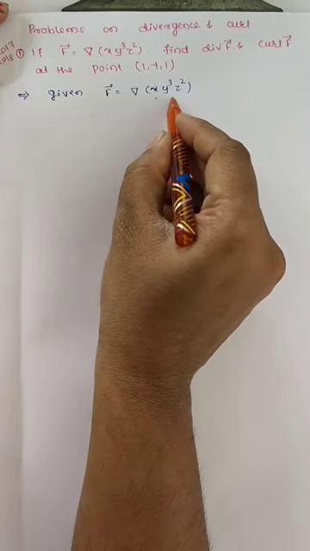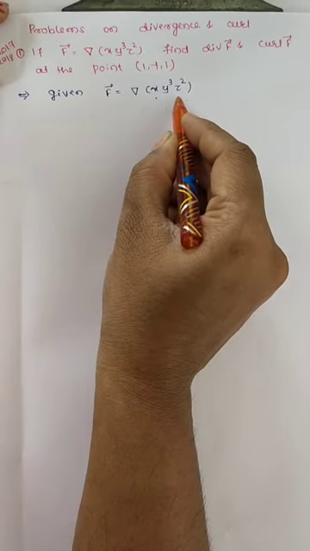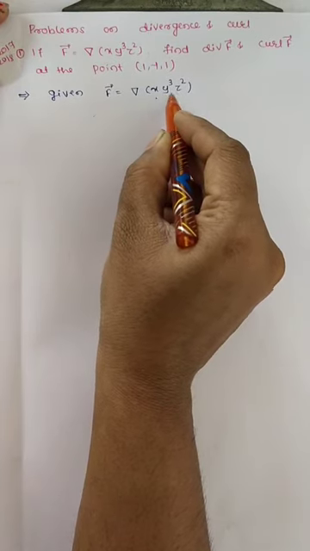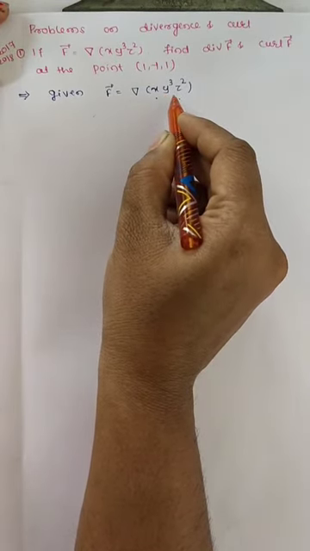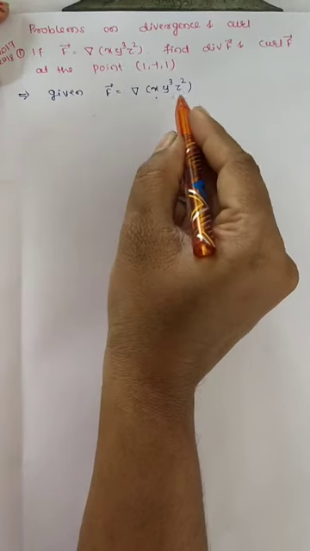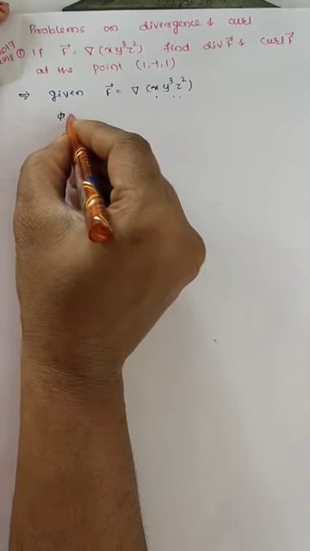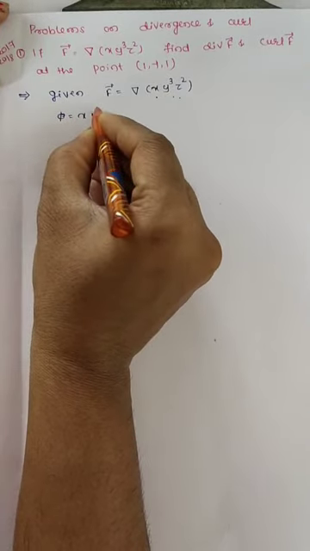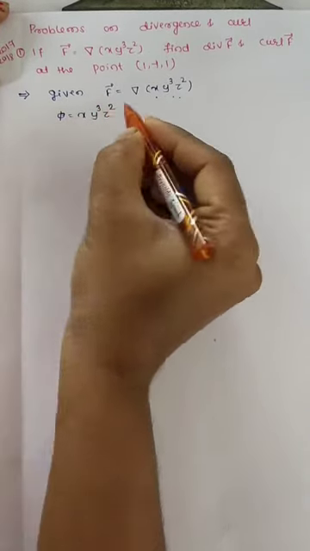Here, this is a scalar quantity. A scalar quantity means it does not contain i, j, k terms. That's why we have to consider it as our phi, that is x y cube z square.